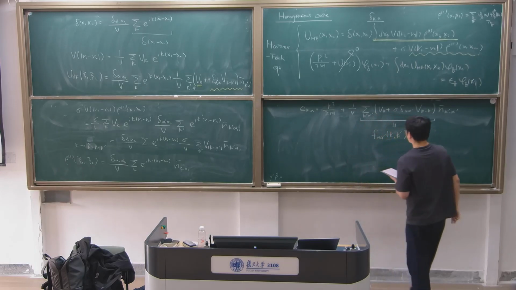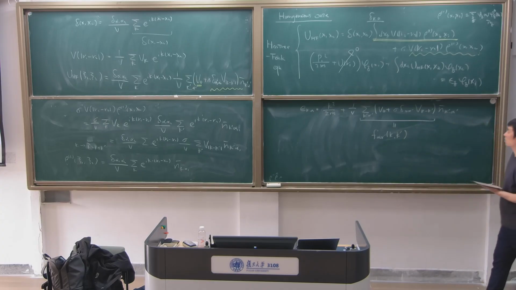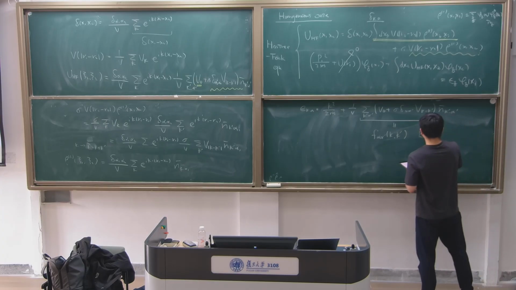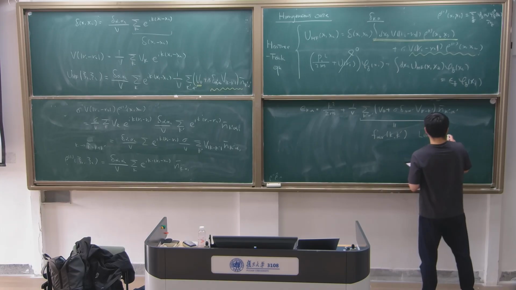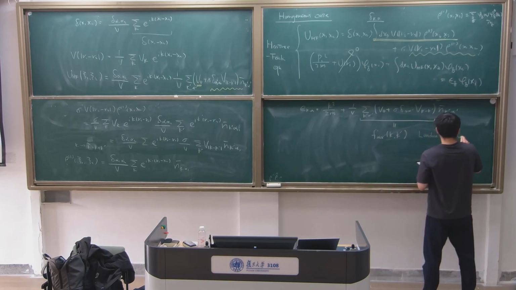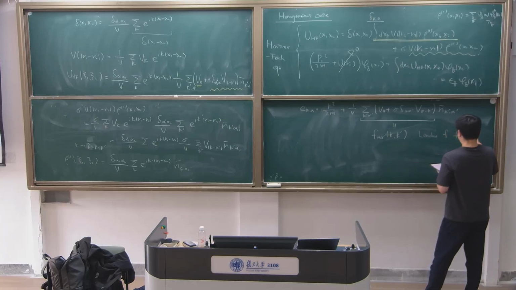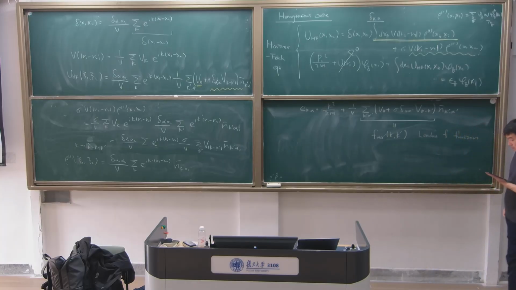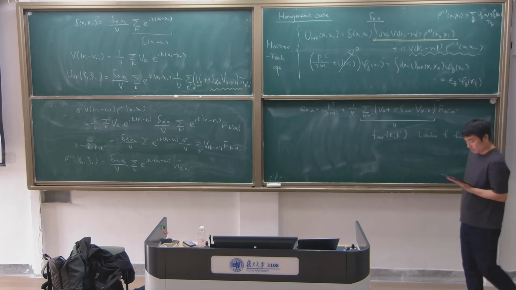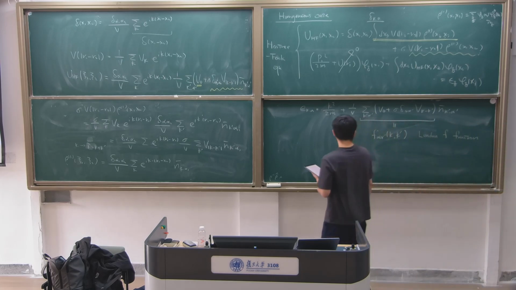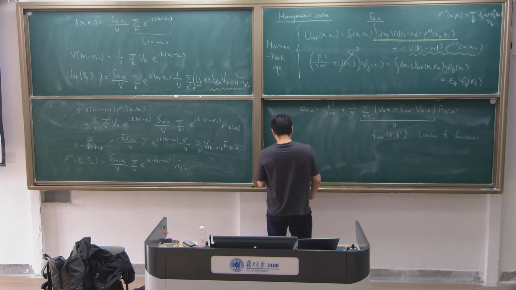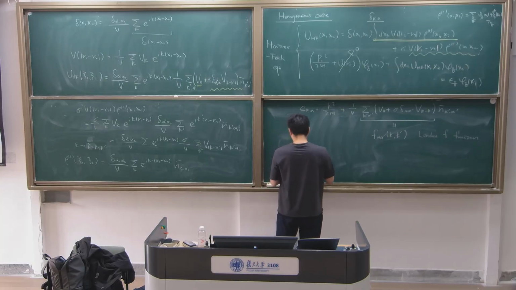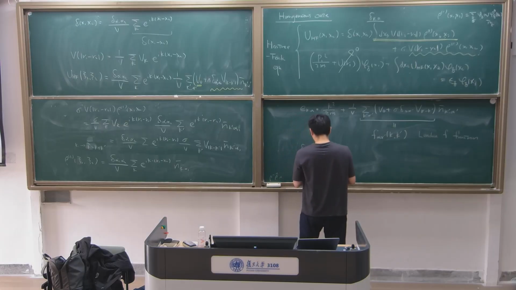I call this, then this is called the Landau F function. So that's what Landau introduced. We call it the Landau F function. And then the variation of this energy can be written in a column.